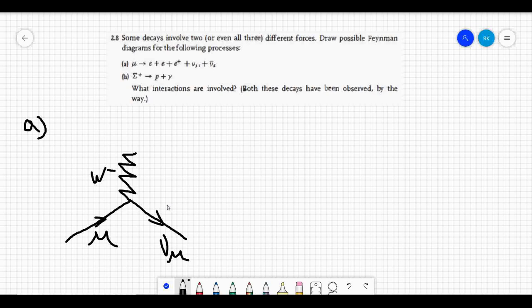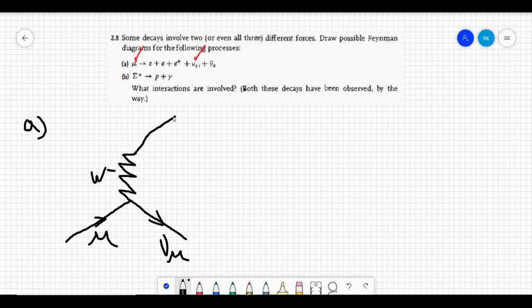And so now we can tick these off from here to help us keep track. So we've dealt with the muon and its corresponding neutrino. So what's next? Well, we can see that there's still another lepton and its corresponding neutrino pair. So that would be an electron and the electron neutrino. So we can draw another primitive vertex for the charged weak interaction, like so.